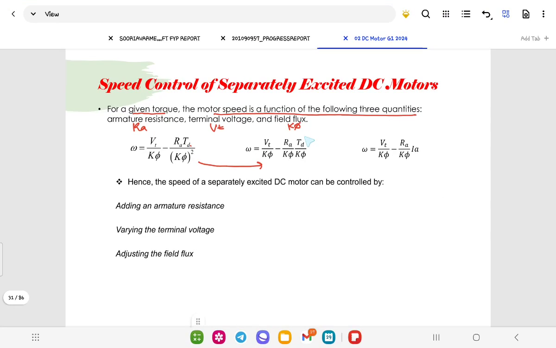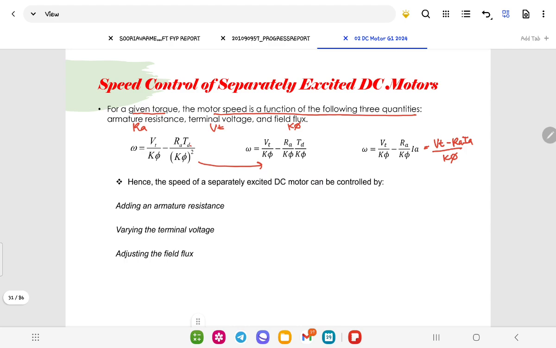You need to know that we have two equations: speed versus torque and speed versus current. For current, torque will be replaced by current, and you will have only one kV. You can also write it like this: the terminal voltage over kV minus RA IA over kV.